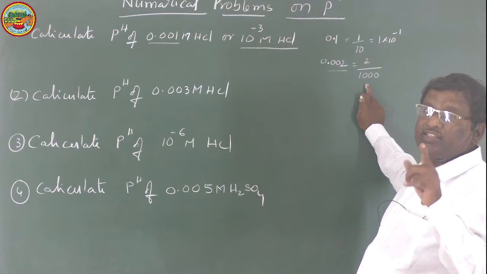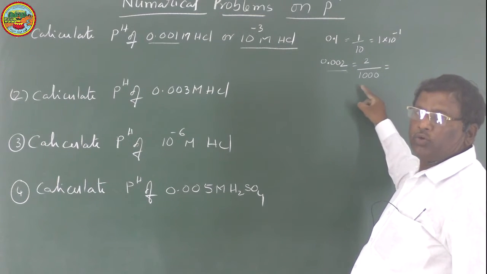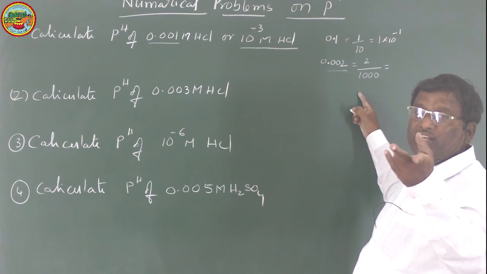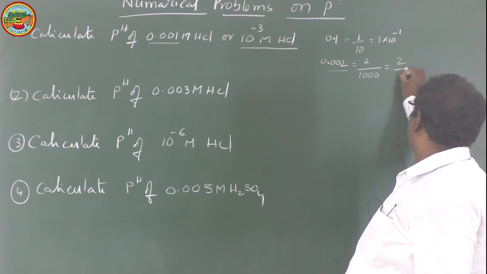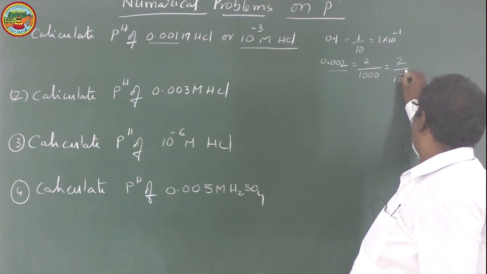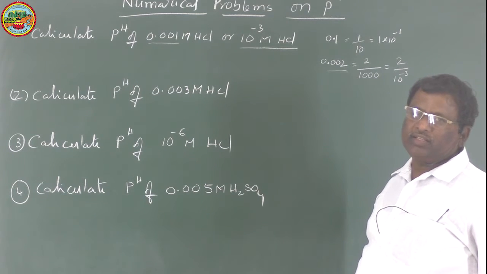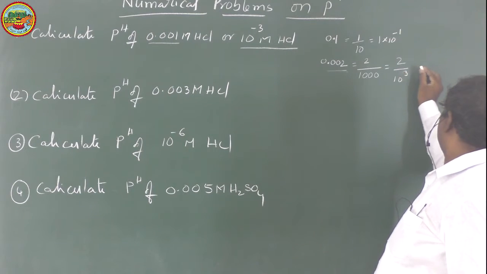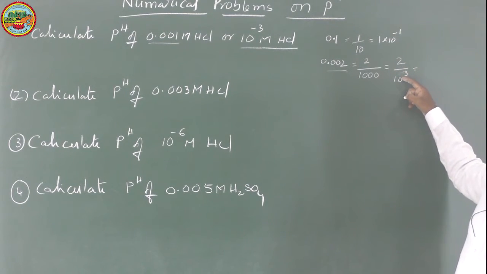But 1000 is equal to 10 cube, because 10 into 10 is 100, and 100 into 10 is 1000. So this can also be written as 2 by 10 cube, meaning 2 divided by 10 cube.